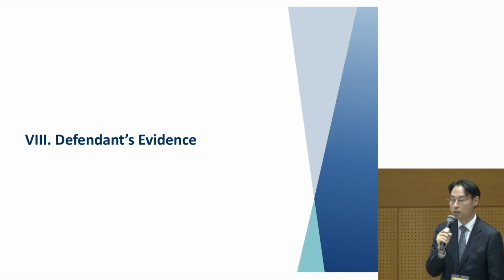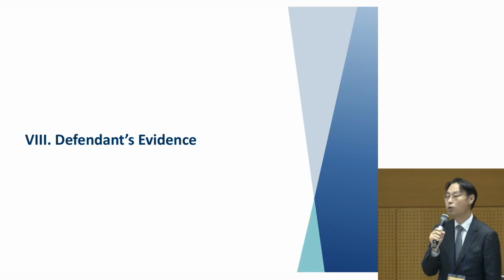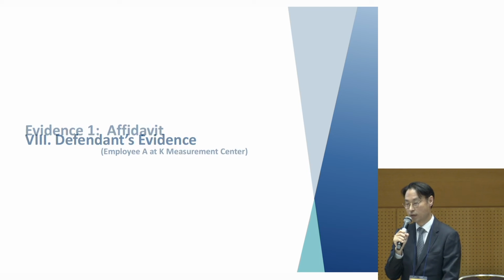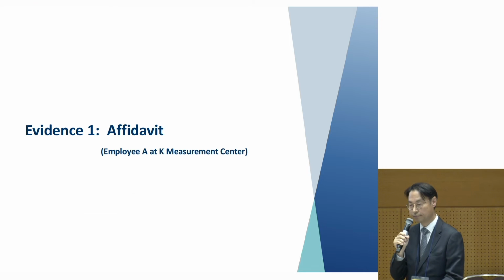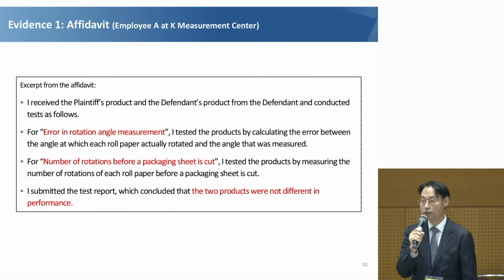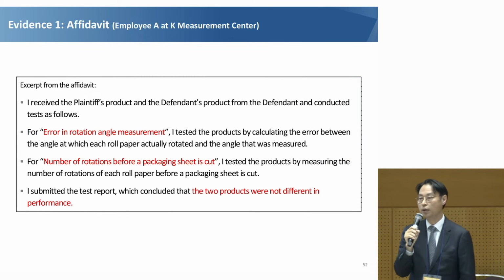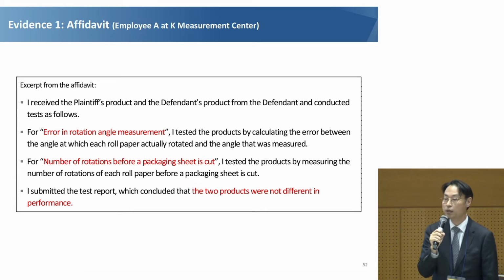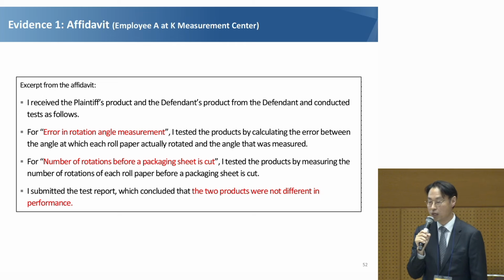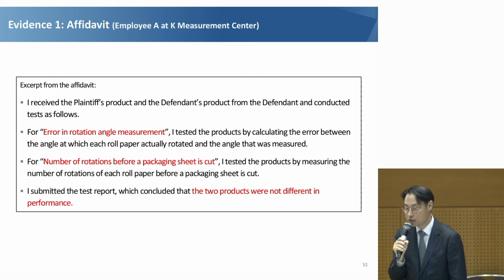The defendant submitted at least three pieces of evidence to support the defendant's arguments. The first one is from an employee of K Measurement Center. He conducted experiments on both the plaintiff's and defendant's products, on two things. The first is the error in rotation angle measurement. And the second is the number of rotations before a packaging sheet is cut. Simply put, it is the lifetime of the products.